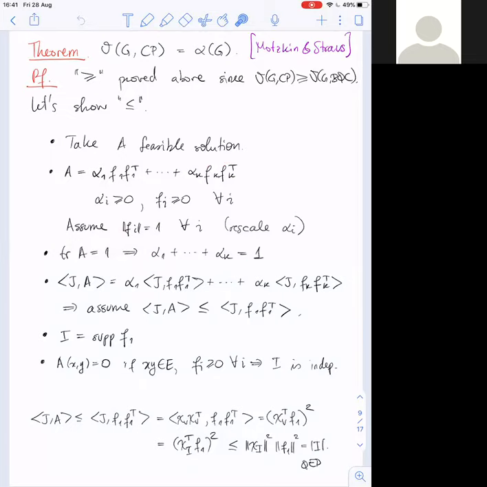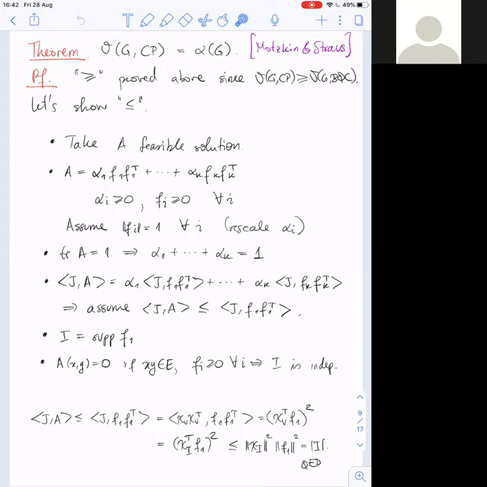This means that JA, which is the objective value of my solution, is actually a convex combination of the objective values of each of these matrices here, right? So JA is equal to alpha 1 J F1 F1 transpose, plus ... plus alpha k J Fk Fk transpose.